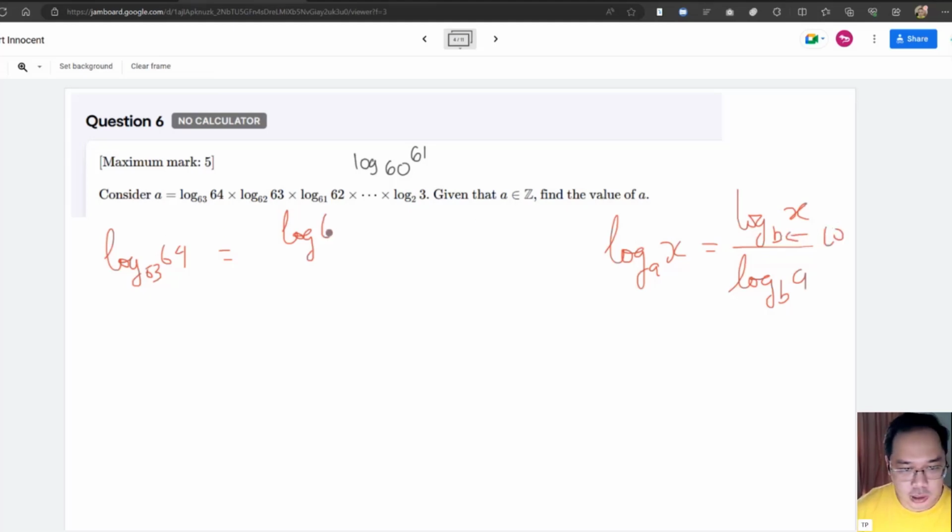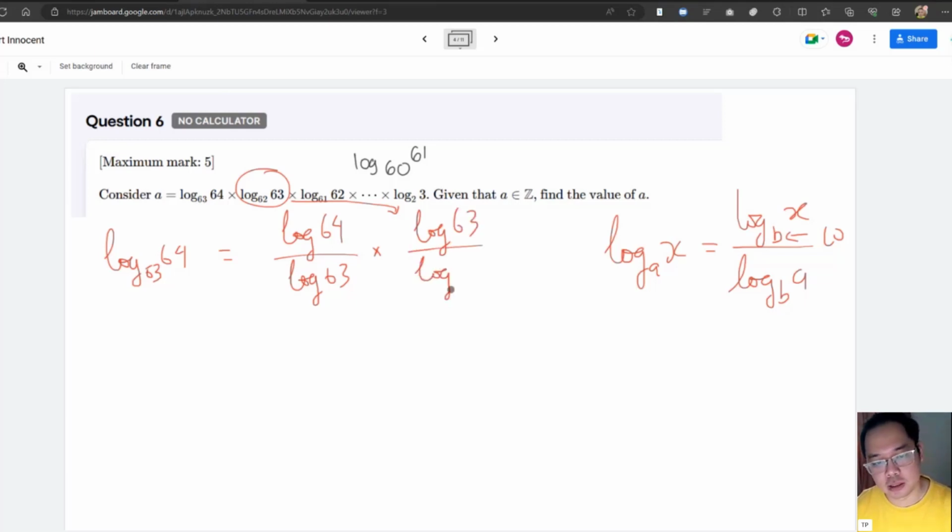X is 64, and the bottom is log of 63, and so on. The log of 63 can be converted into log base 10 of 63 over log base 10 of 62, and so on. Log base 10 of 62 over log base 10 of 61, and so on.